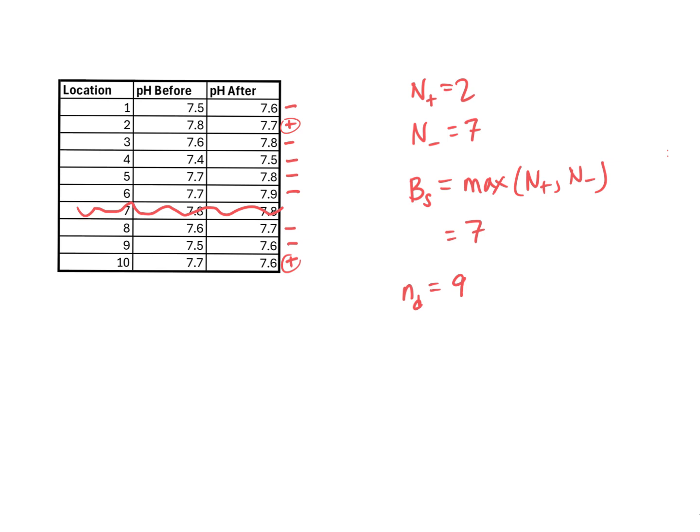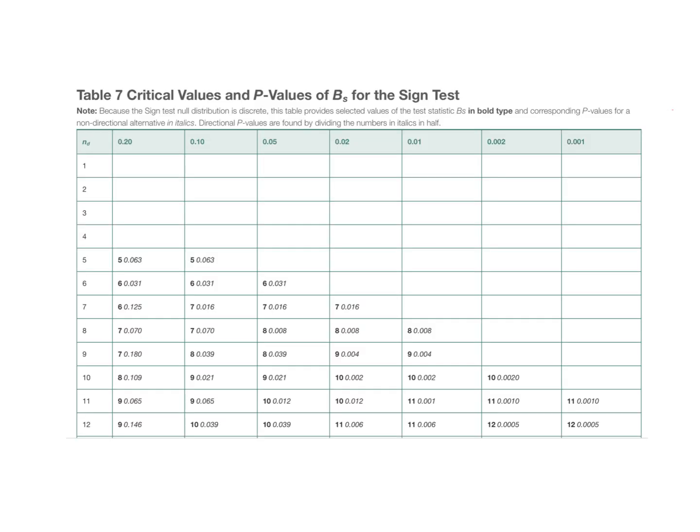So we're going to take this information that the test statistic equals 7, that the number of pairs equals 9, and we're going to go to the relevant table in the book. Here is the table. It's table 7, critical values and p-values for B sub s for the sign test. So we know we're in the right place because we're talking about the sign test.